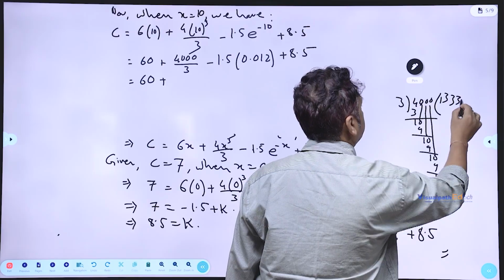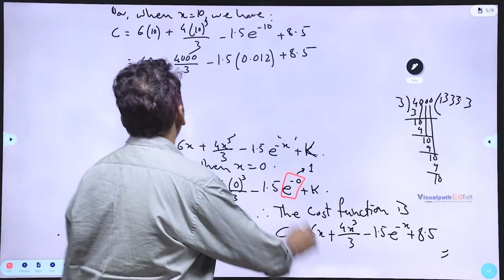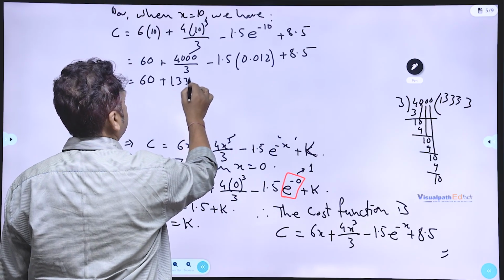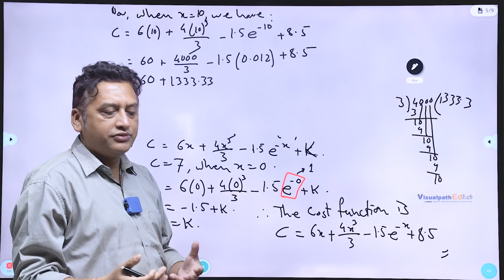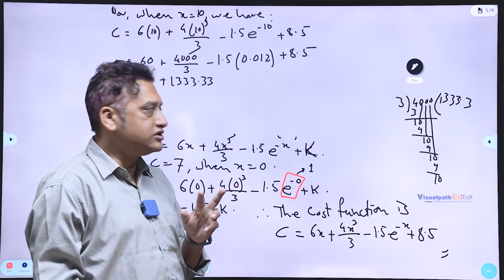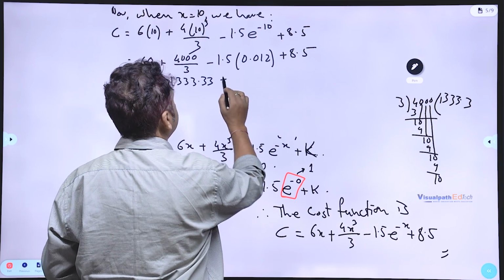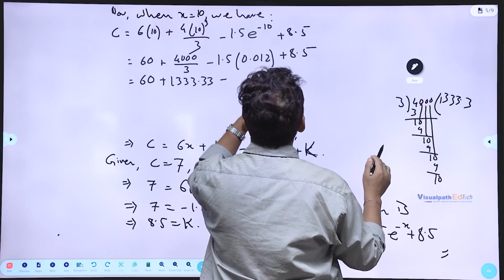Now you have 1, put a 0, and you will again get a 3, and it continues. So we'll get 1333.33. Since it's a rupees paisa sum, we can round it off to 2 digits of decimal. Then coming to this, we will get minus 1.5 times 0.012.